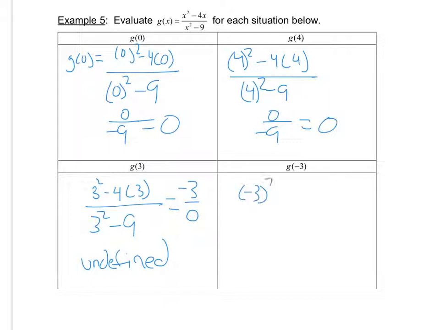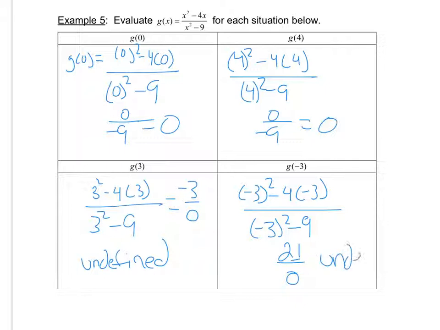Don't forget to put the negative in parentheses when you're calculating this. This one you get 12. Nope. Sorry. 21. 9 plus 12 over 0. So it's also undefined.